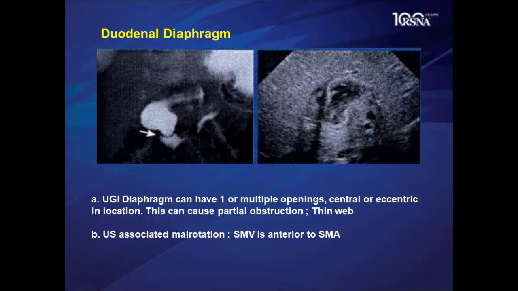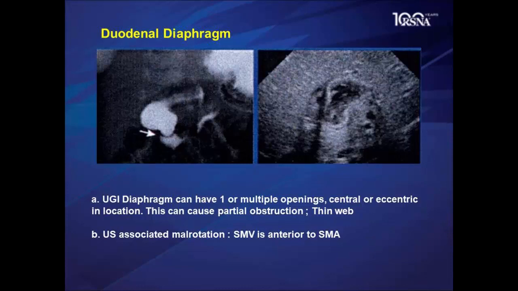Here we are dealing with the duodenal diaphragm. It may have one or multiple openings, so it's central or eccentric. Then you recognize this focal dilatation proximal to that level, and the beauty of it is it signs the diagnosis here. The surgeon, when he's dealing with obstruction, anyway double checks the lumen and the patency by running a catheter through the duodenum.